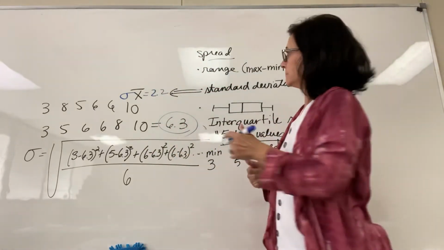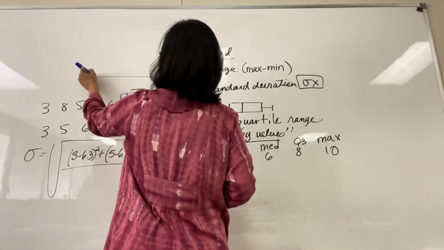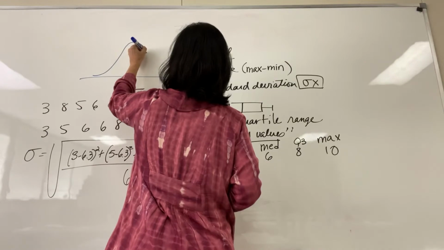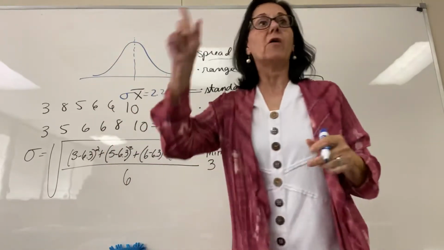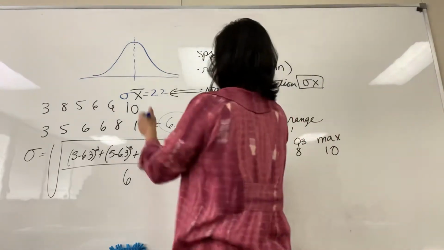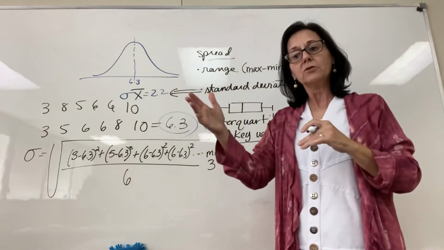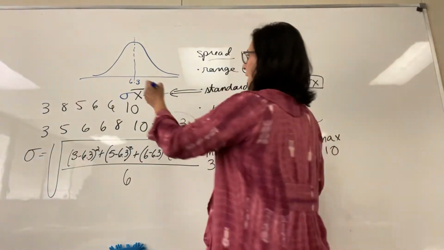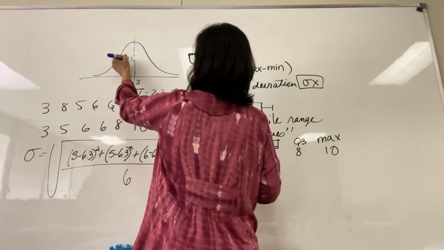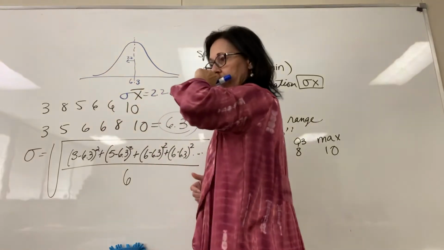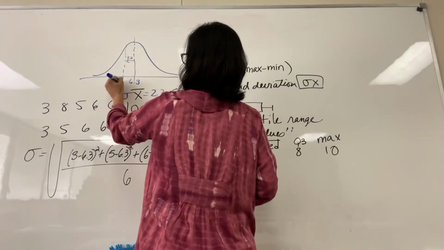Yes, ma'am. So what does that mean? That means that the height of the curve, the mean, median, and mode are all the same, right? If this is symmetric, and it's at 6.3. And we're going to talk more about this later, but one standard deviation to the left is 2.2. What's 6.3 minus 2.2? 4.1, right?